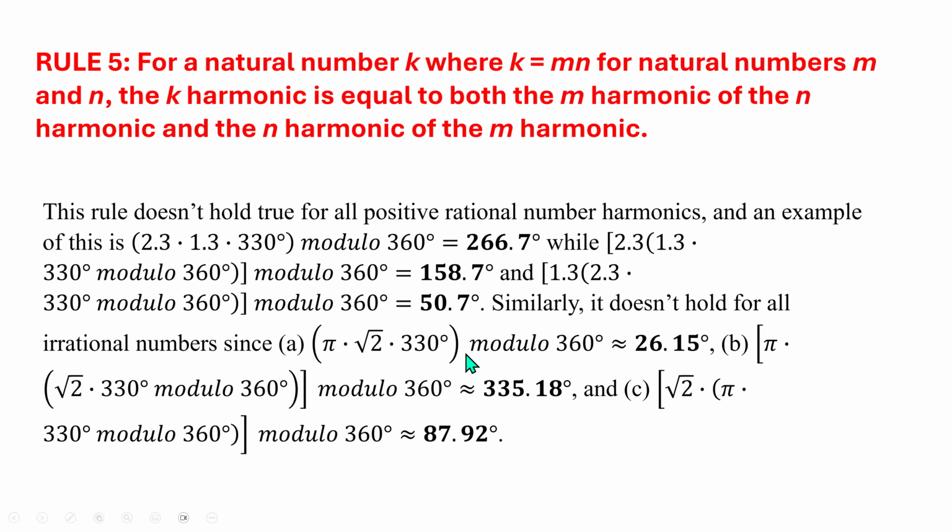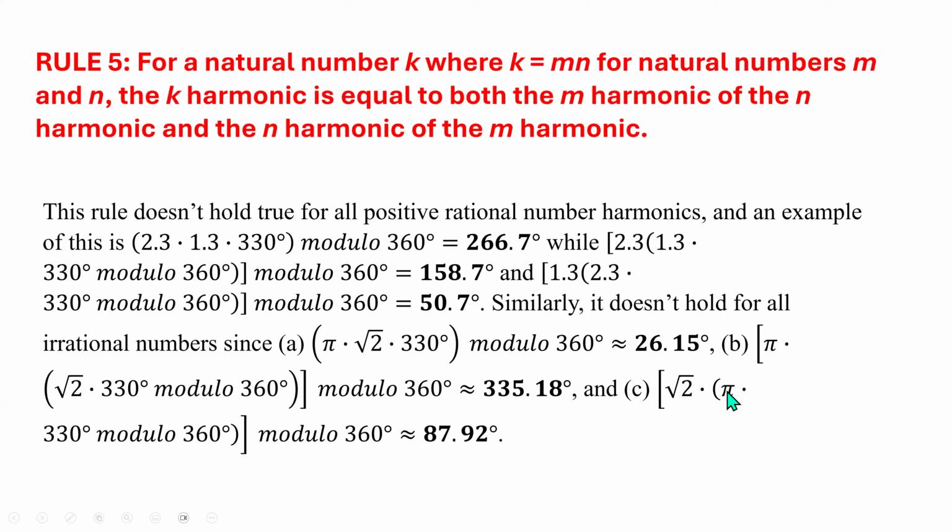Similarly, it doesn't hold for all irrational numbers, since if I look at pi times square root of 2 times 330 degrees, just multiply that together all at once, reduce it modulo 360, I get approximately 26.15 degrees. But if I do this in stages, first find the square root of 2 harmonic of 330 degrees, followed by the pi harmonic, I get approximately 335.18 degrees.